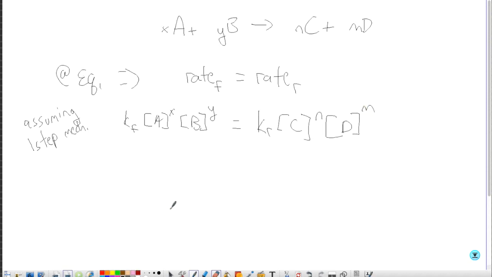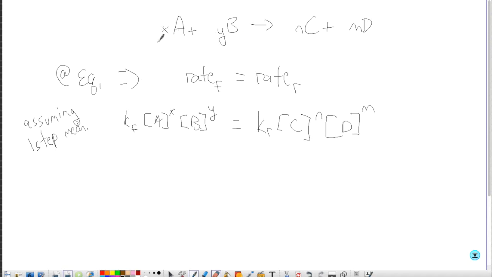All right, now I'm going to get my rate constants on one side, and I want the forward reaction on top. Because the rate constants give you an idea of how fast the rates go. So a large rate constant means a very fast rate, and a small rate constant means a very slow reaction.